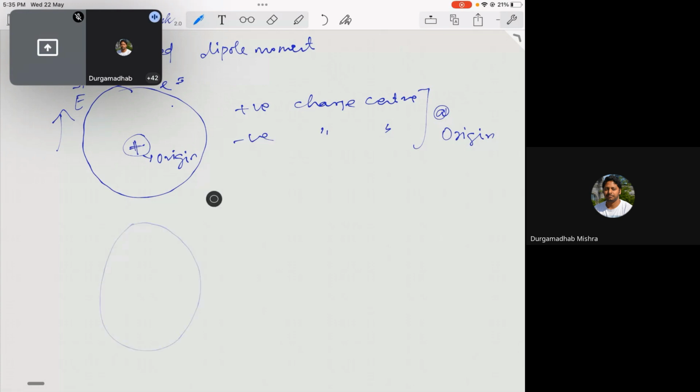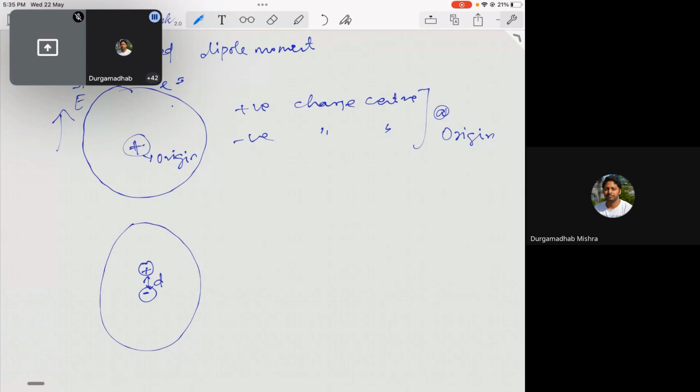There will be some asymmetry, so this is my positive charge center and this is my negative charge center, and there will be a distance between the positive charge center, basically the nucleus, and the charge distribution due to the electrons.